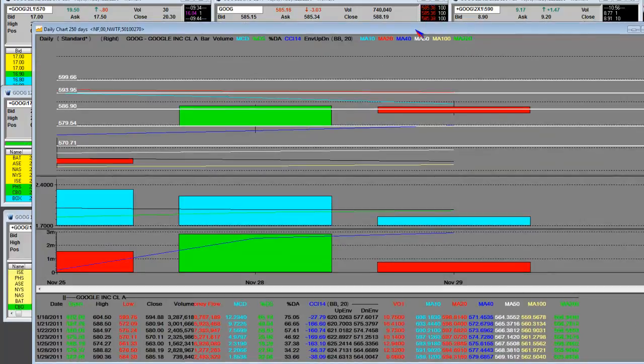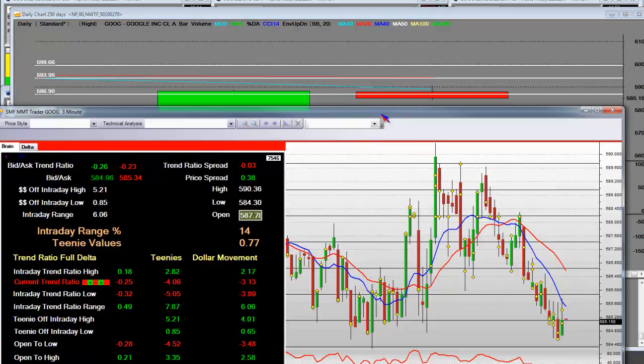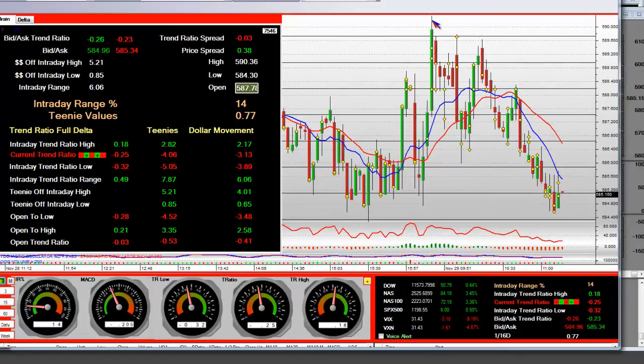And you're going to apply your platform, which is the MMT trading application, here is going to reflect that high movement that we went straight up to that 590 area.